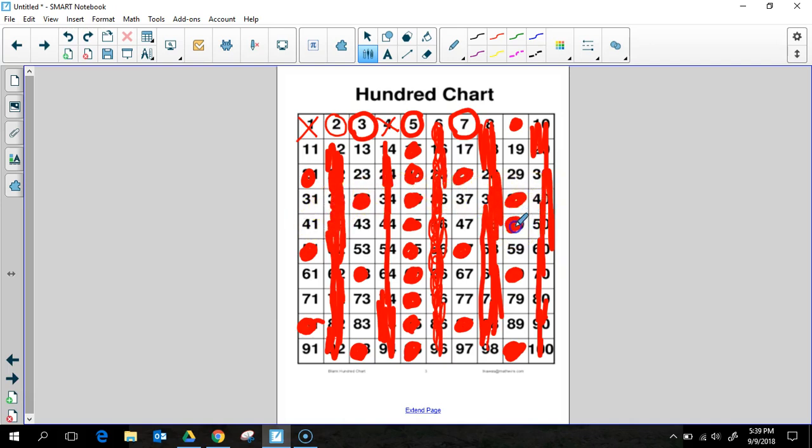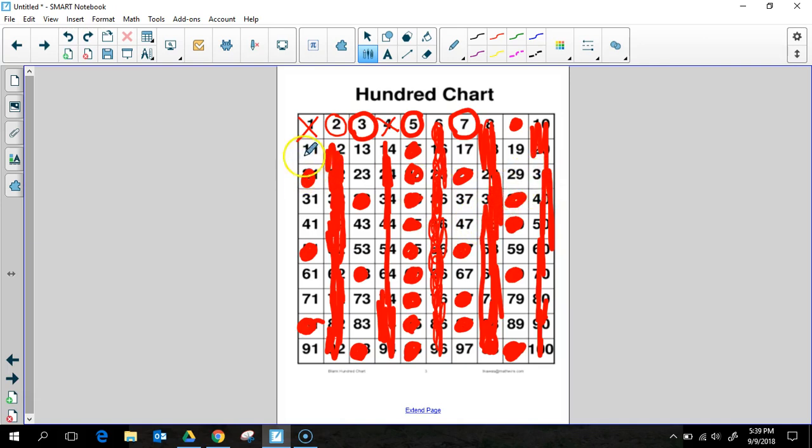Yep, there's a 49. After 49, 77 is one, 7 times 11. I should have marked the 98. I think that's the last one.